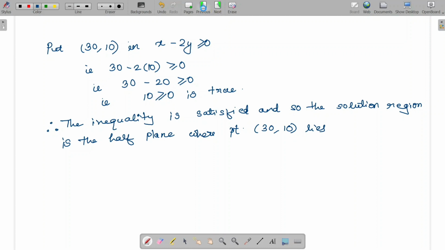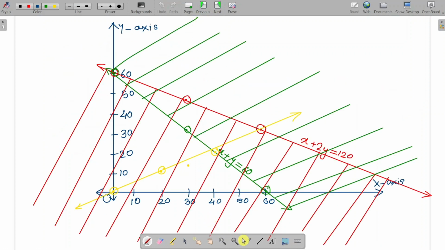Okay, so you can see the 30, 10 point is below this line, so the solution region is this.